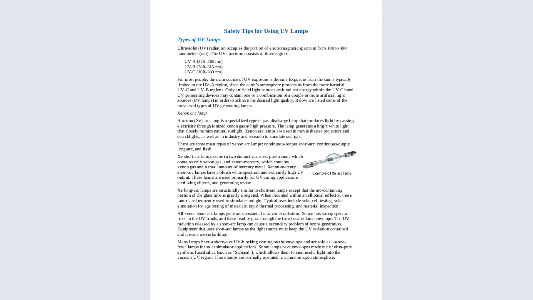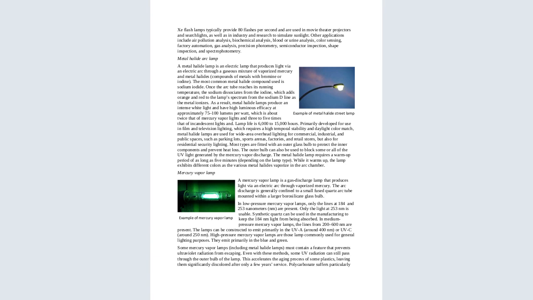For similar applications, some lamps have envelopes made of ultra pure synthetic fused silica, which allows them to emit useful light into the UV region. We are trying to take care of our environment, and most of these lamps use lights that emit dangerous gases.